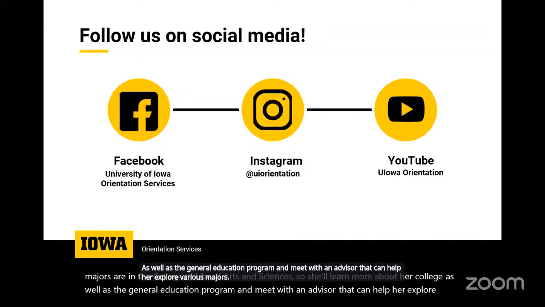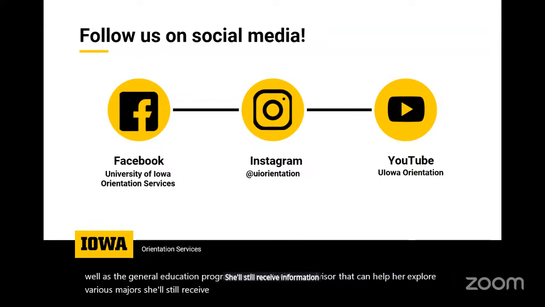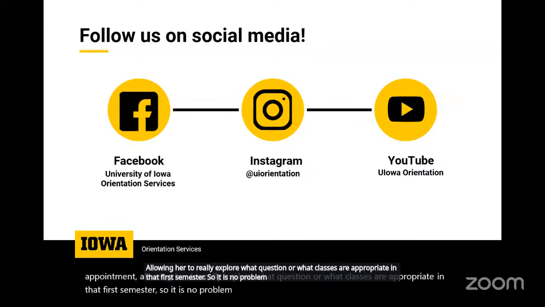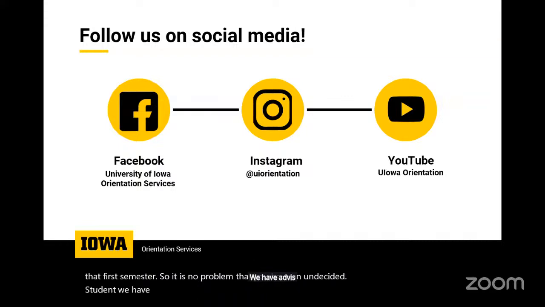She'll still receive information from her advisor leading up to that SOAR appointment, allowing her to really explore what classes are appropriate in that first semester. So it is no problem that you have an undecided student. We have advisors that are specially trained with working with open majors.